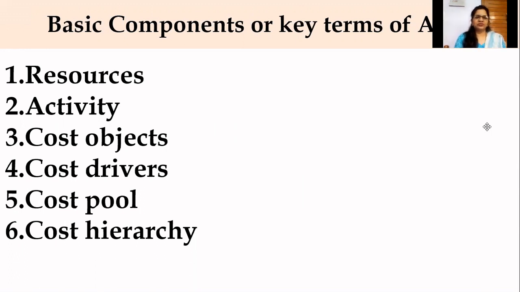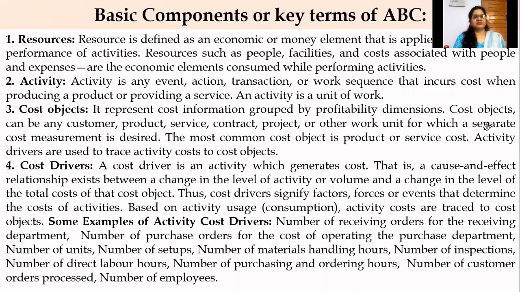And the next point is basic components or key terms of ABC. So we have resources, activity, cost objects, cost drivers, cost pool, cost hierarchy. Let us see what these mean. Resources. Resource is defined as an economic or money element that is applied or used in the performance of activities.